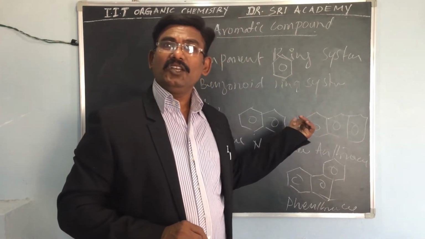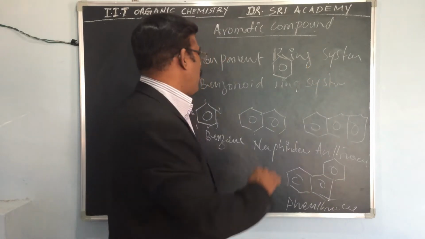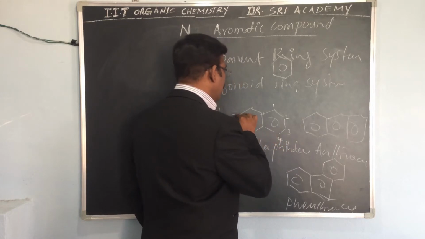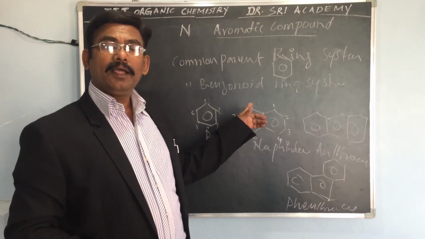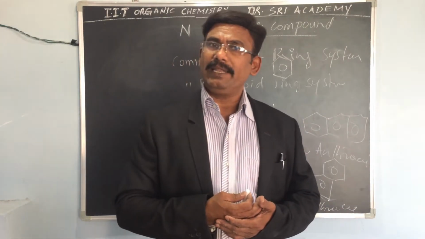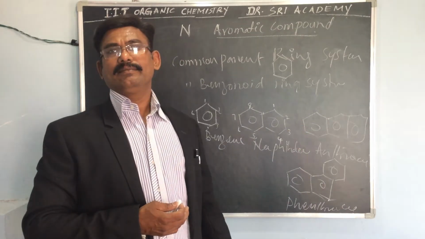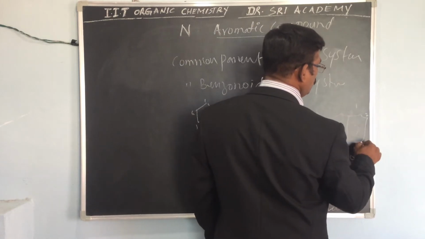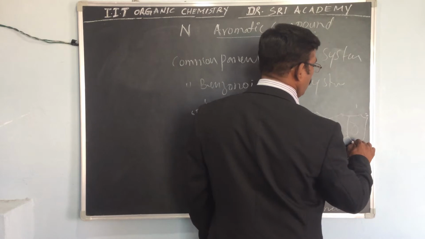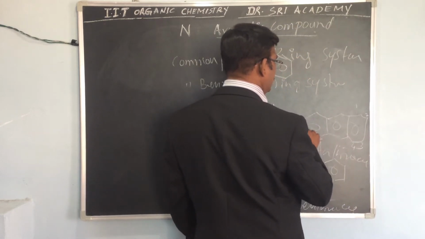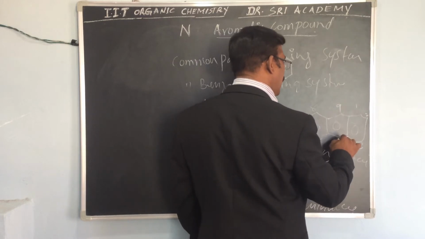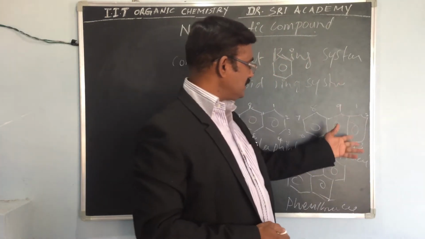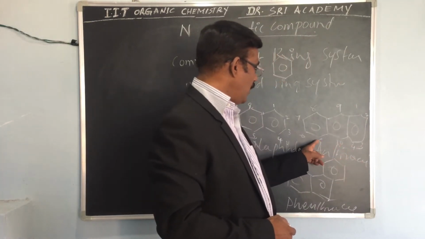But for naphthalene, you always number 1, 2, 3, 4, 5, 6, 7, 8.